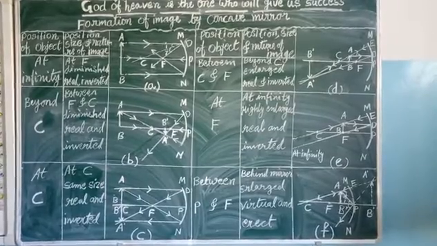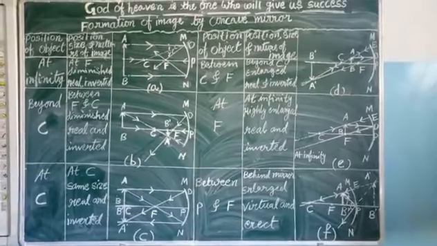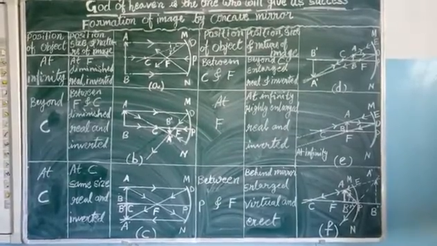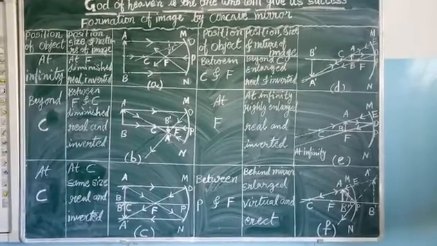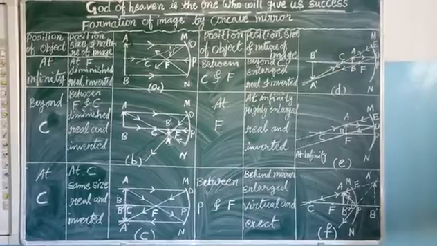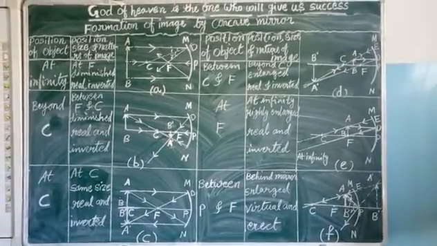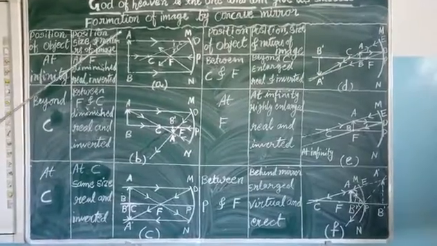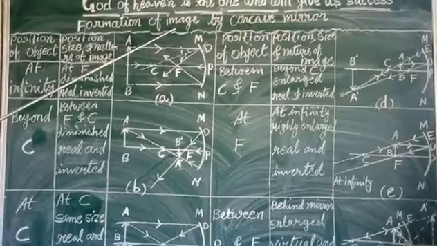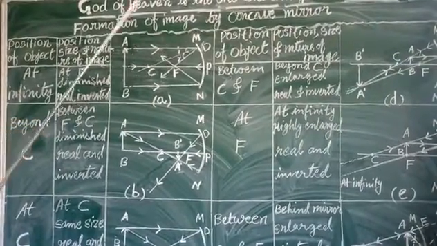But as we bring the object closer to the mirror, its image becomes larger and far from the mirror, or behind the reflecting surface. So dear students, let us see here the formation of image by concave mirror.